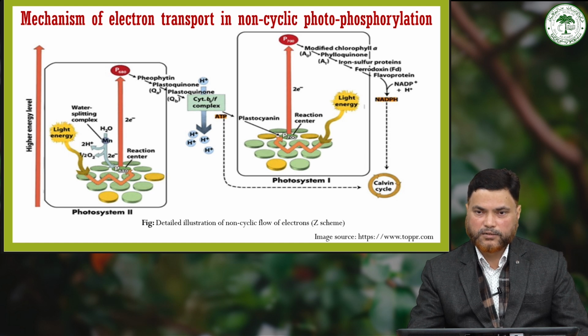A very interesting fact is that around 10% of the oxygen produced is utilized by mitochondria to support oxidative phosphorylation, while the remaining oxygen is released into the atmosphere and utilized by the aerobic organisms for respiration.